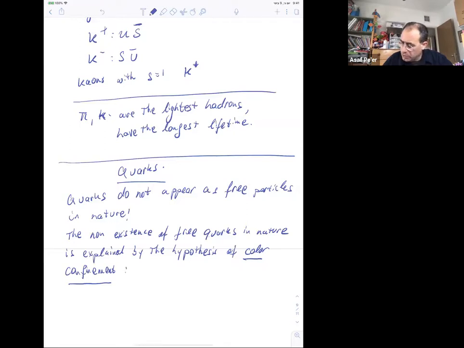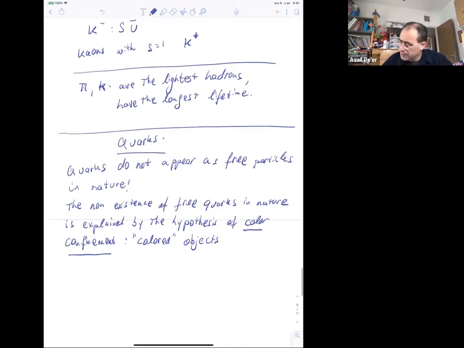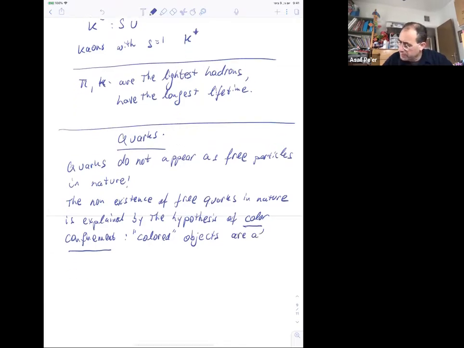It states that colored objects are always confined to color singlet states.